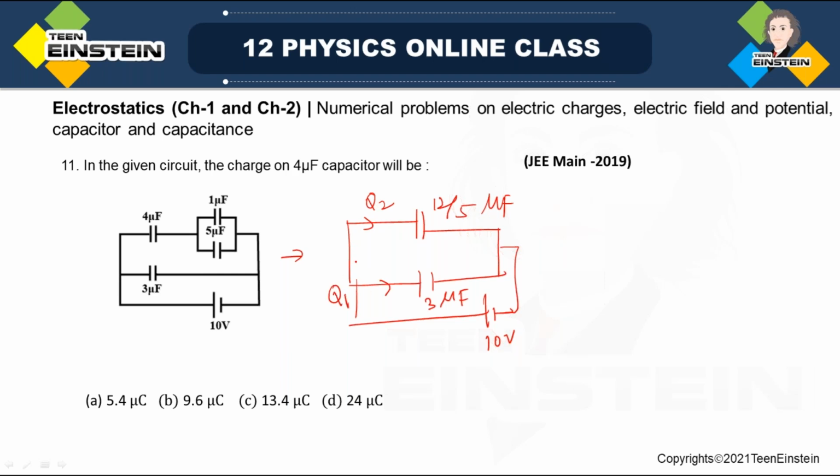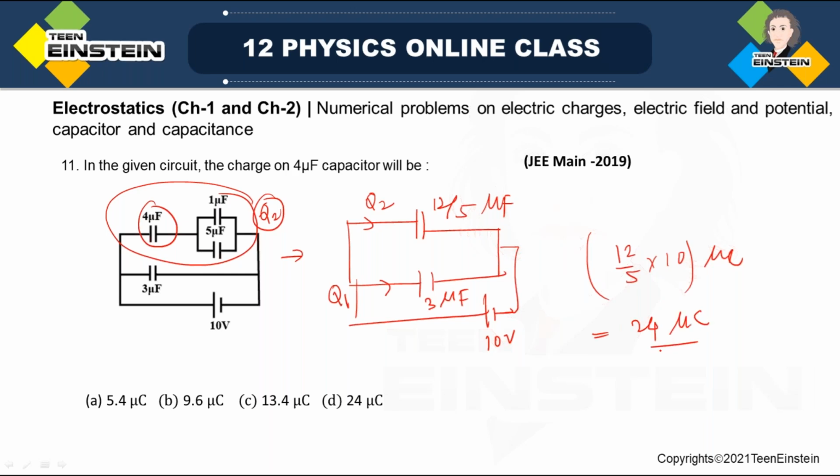Not only this Q2 will go, as a combination Q2 will flow. So that will be the correct concept. So you have to find out the equivalent capacitance of this branch. So that is 12 by 5. Now it will be all right. So 12 by 5 into 10 will be microcoulomb. So 24 microcoulomb will be the correct answer.